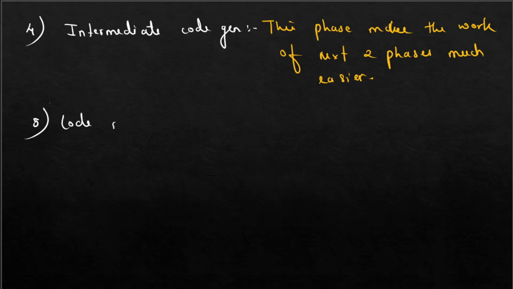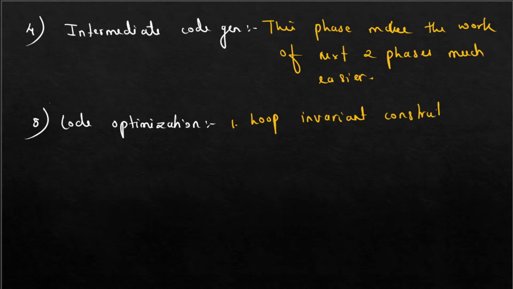Fifth one is code optimization. First is loop invariant construct. Second is common subexpression elimination.